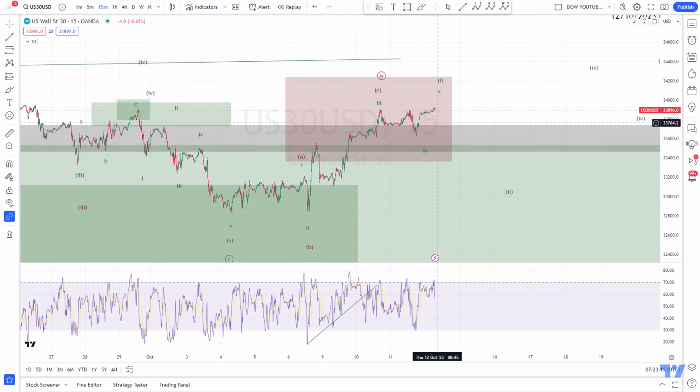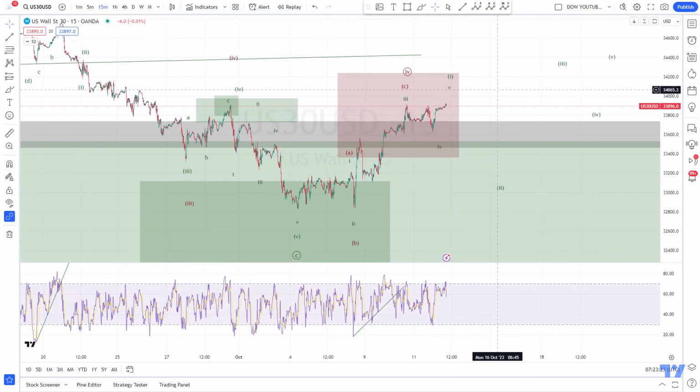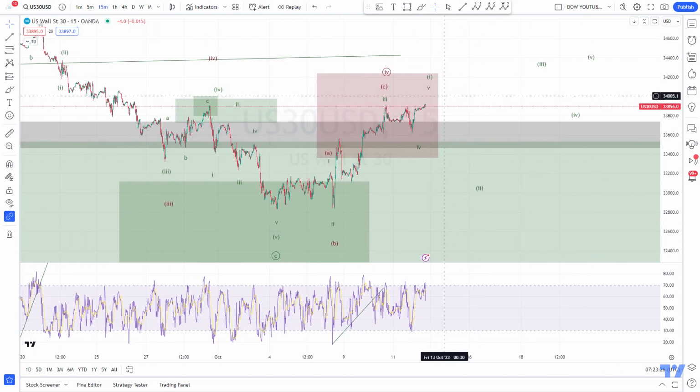But overall, I would expect this structure to end soon, that we have a pullback as a wave 2, and then this will be the real test, and this low here should then hold. And if the low holds, then I think we're good to see another upward move, and then we have to analyze again where we could be heading.